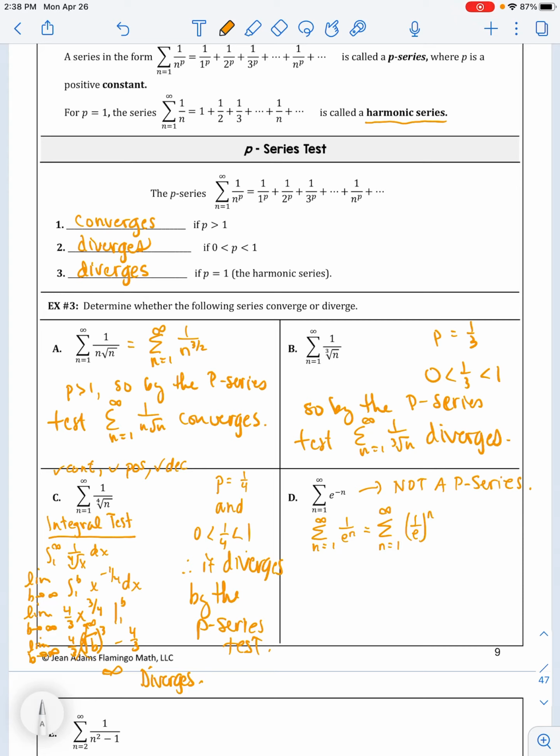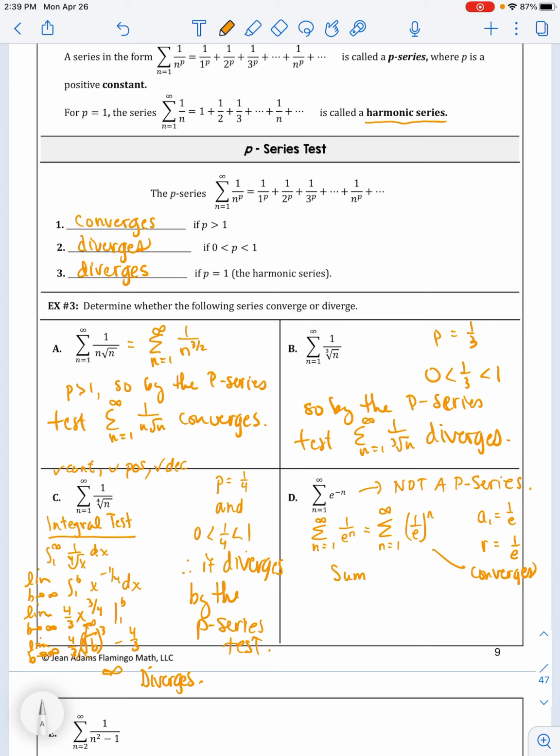This ends up being a geometric series because you can write it like that. So your first term would be 1 over e, and your r would be 1 over e.